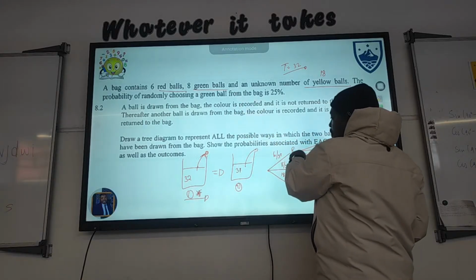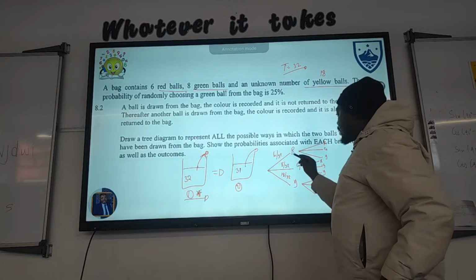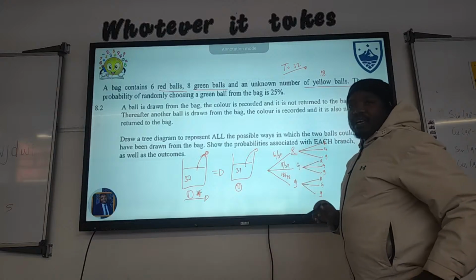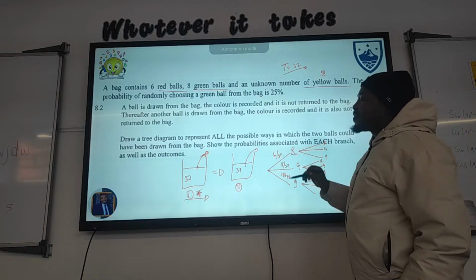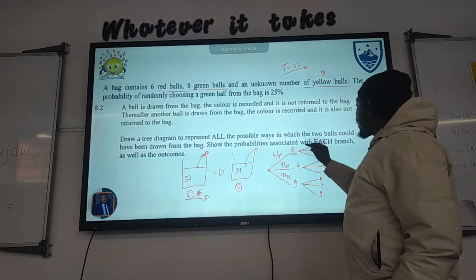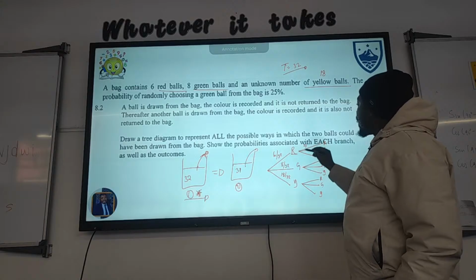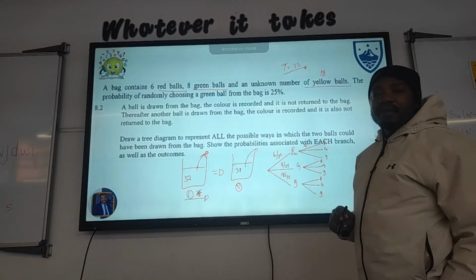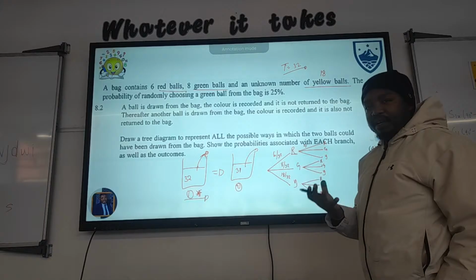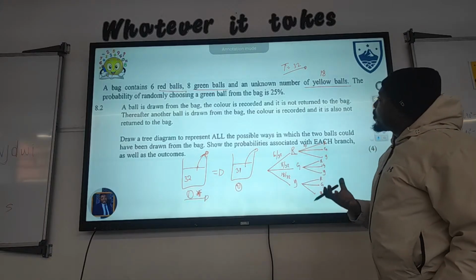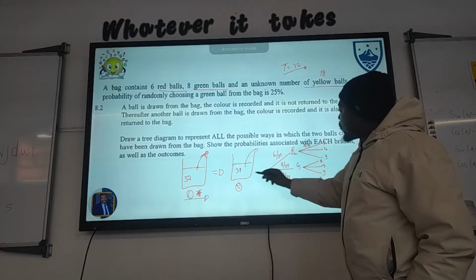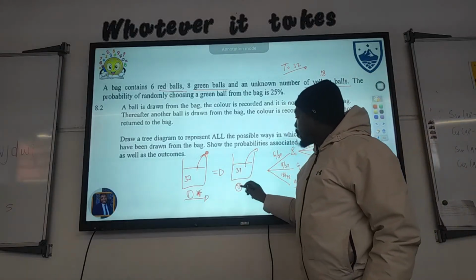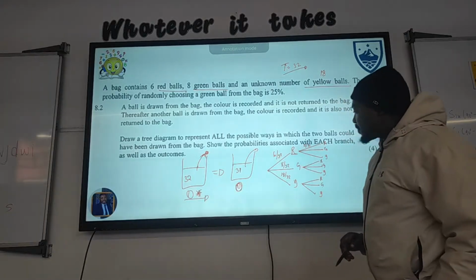But because we are in the branch where the red ball has been taken out, you will no more have 6 red balls, you will now have 5. And how many balls are there in that sack or container? There will now be 31 because we have removed the ball. So we are here. That's the second branch.